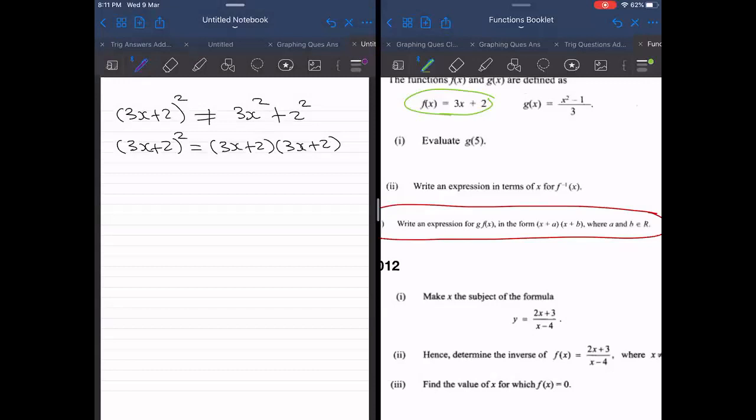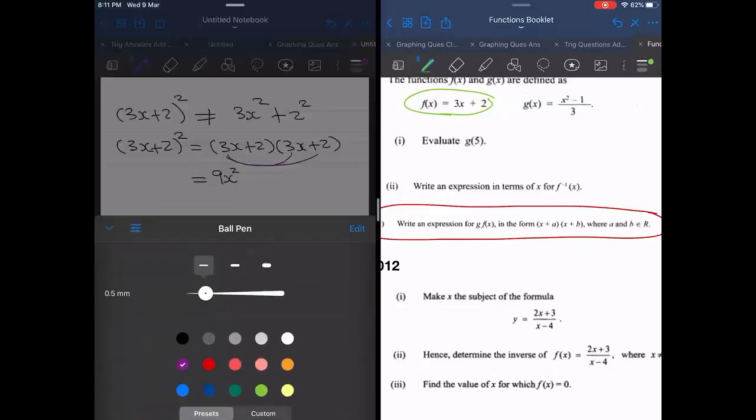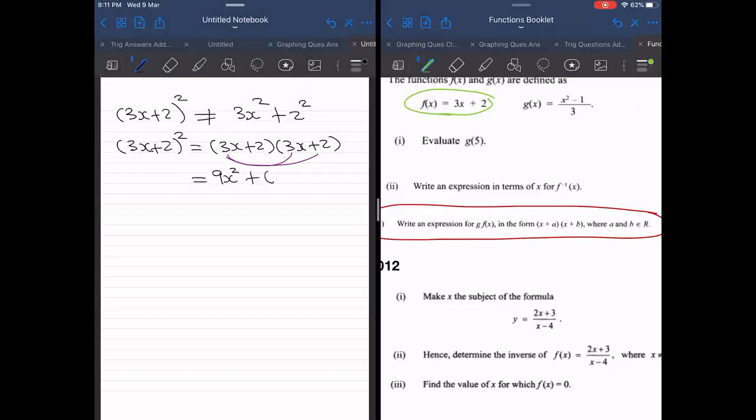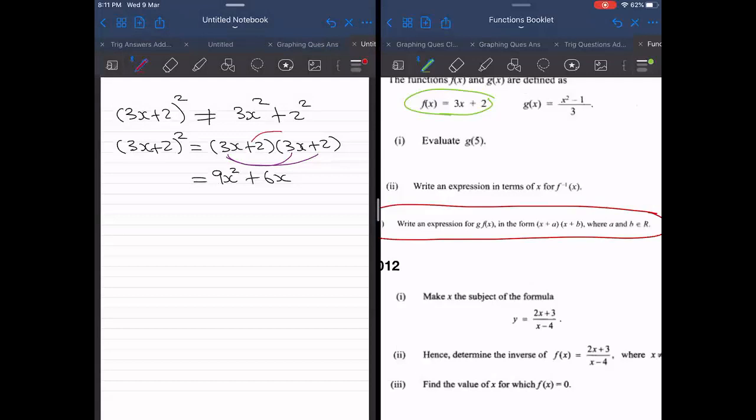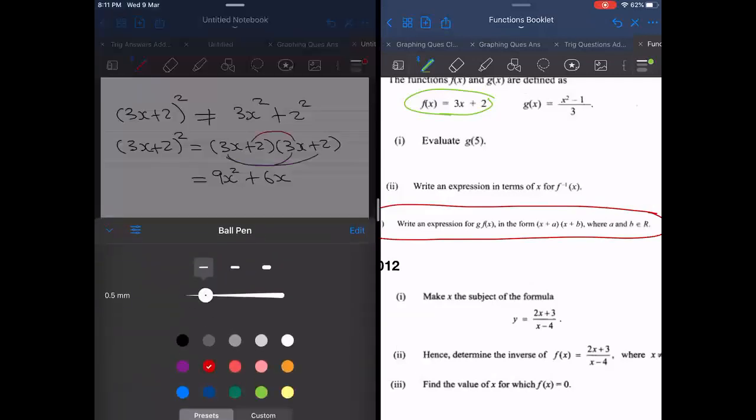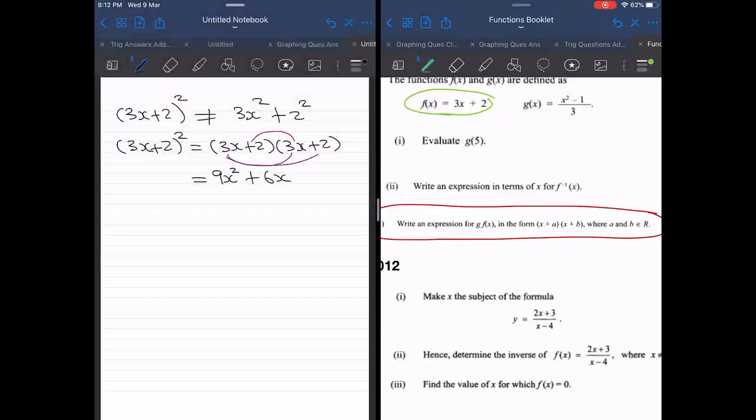So then we have 3x times 3x, which is going to give us 9x squared. We have 3x times 2, which is going to give us 6x. We have 2 times 3x, which will also give us 6x.